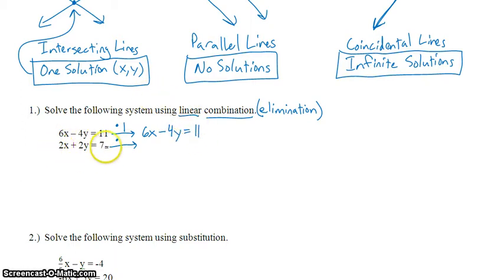Now I want to make the x in my second equation negative 6. So to turn this 2 into a negative 6, I need to multiply by negative 3. So I'm going to multiply everything in this equation by negative 3. I'm going to distribute this negative 3 to every term.